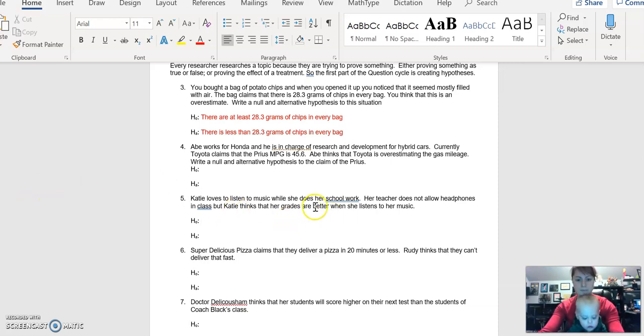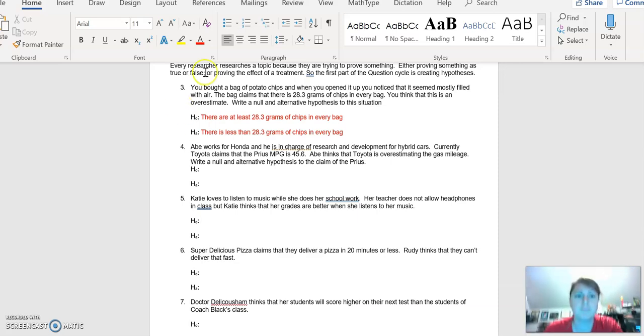So for this one, since Katie thinks that listening to music helps her schoolwork, that's going to be our alternative. The teacher thinks that it doesn't. So the null is music does not improve grades, and it doesn't need to be super fancy. You don't need to over put stuff in your hypothesis.